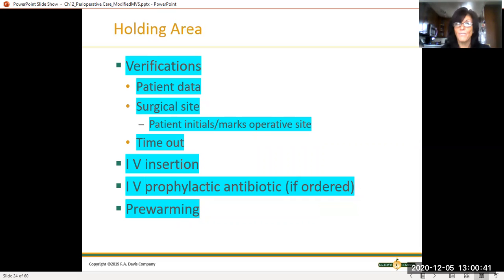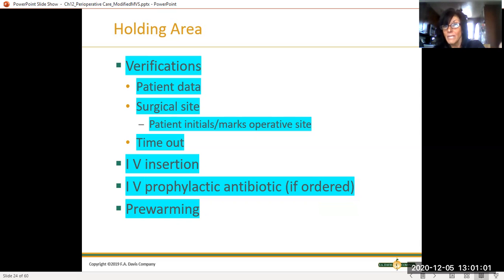So for example, if you're having your right foot amputated, you and the surgeon both have to write on that foot, yep, this is the one. And on the other one, no, not the one. I know it sounds crazy, but that's what has to be done, right?